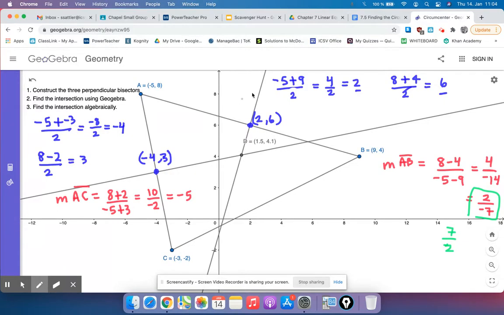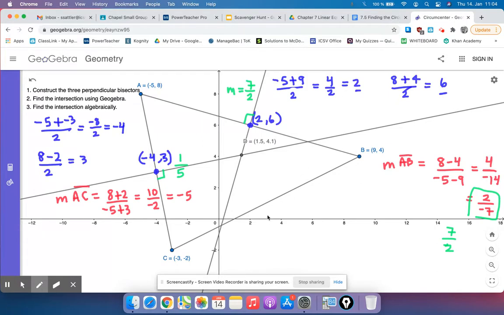Okay, so that means the slope of this perpendicular line is 7 over 2. And then the slope of this perpendicular line, we would just take the reciprocal of -5 over 1, so it's going to be positive 1 over 5. Okay, and you can tell by this line, it's a positive line. Both of these are positive.